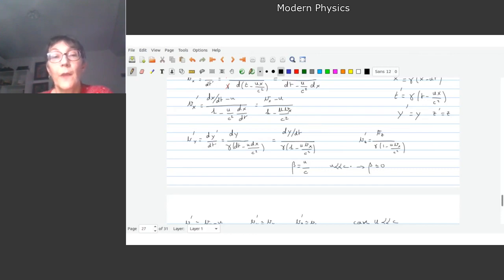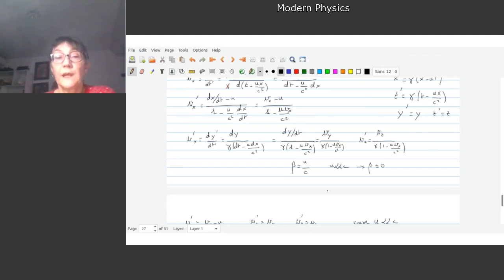So you have V prime y as a function of Vy over gamma (1 minus u Vx over c square). This term here is in all three components of velocity, not only in the one which is in the direction of relative movement.